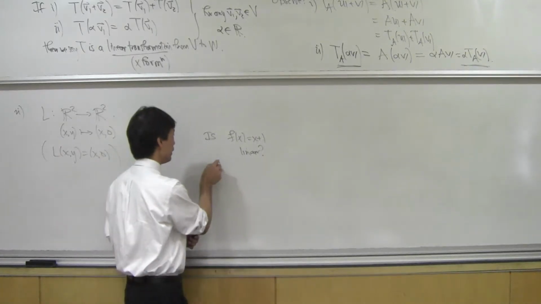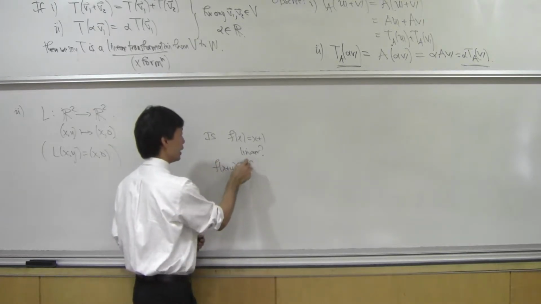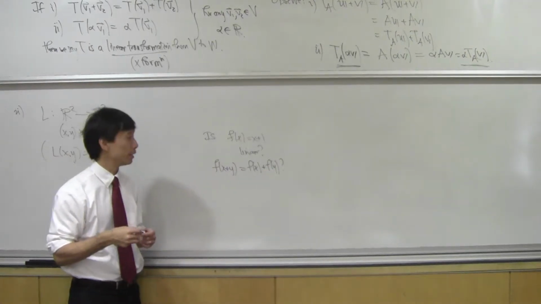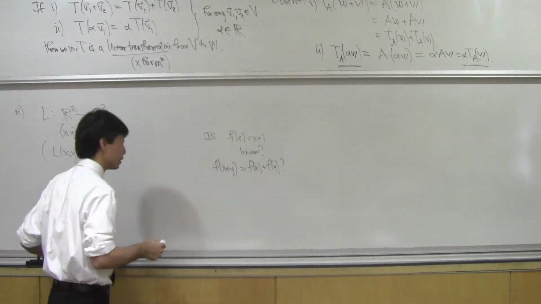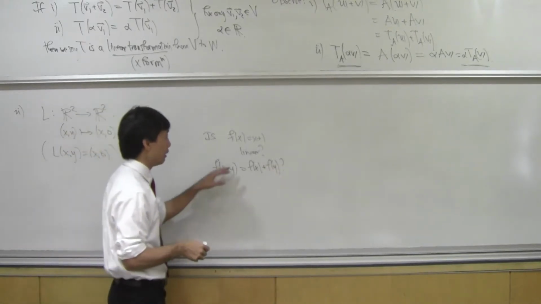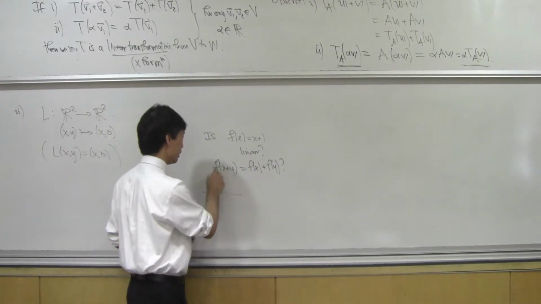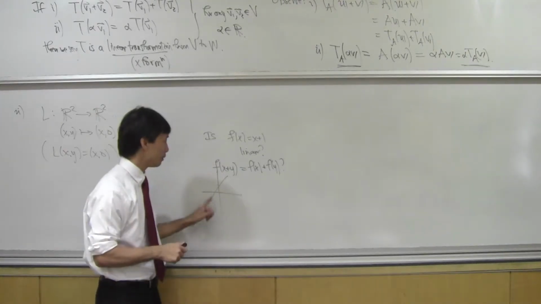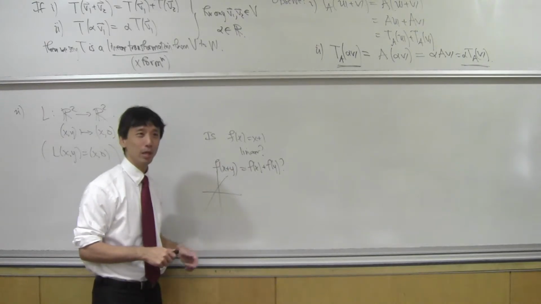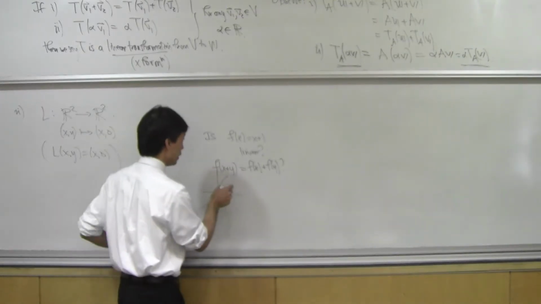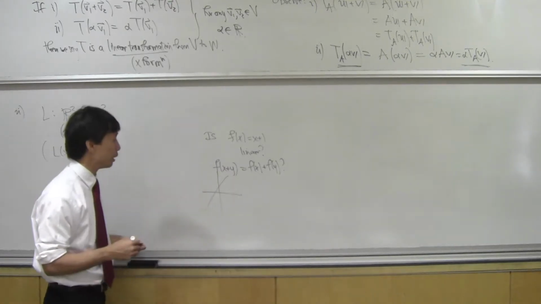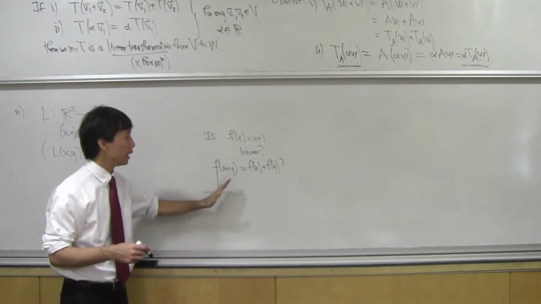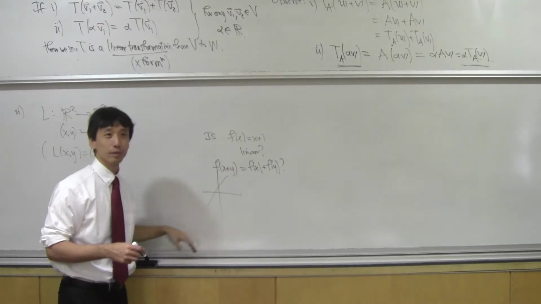If I take f of x plus y, do I get f of x plus f of y? No. You might be fooled because the graph is a line, so it's got to be linear, right? But in fact, we call this thing an affine map, not a linear map. One of your homework problems will be to show that if it's a map from R to R and it's linear, then it has to be a line through the origin.